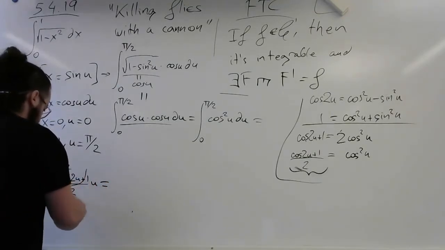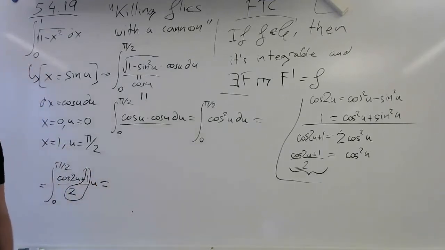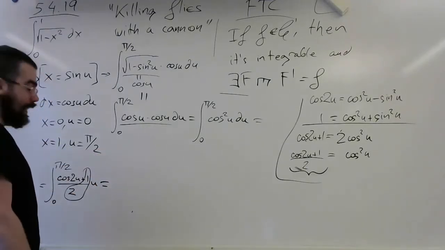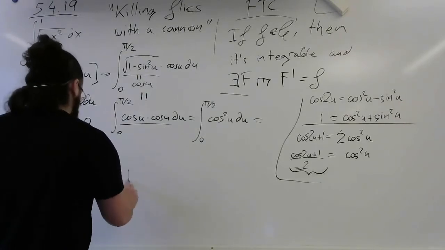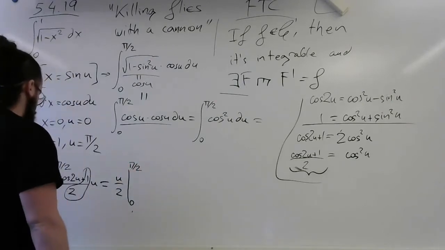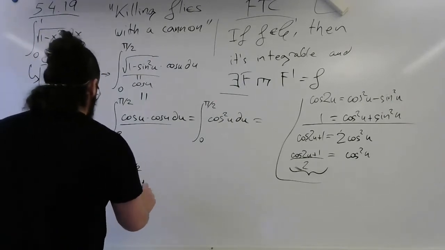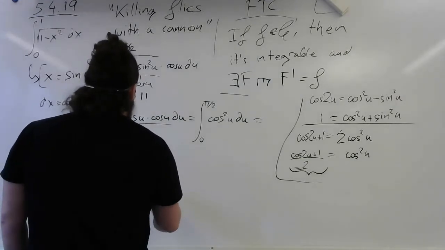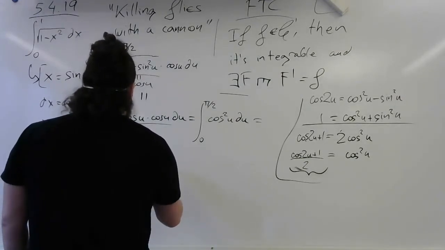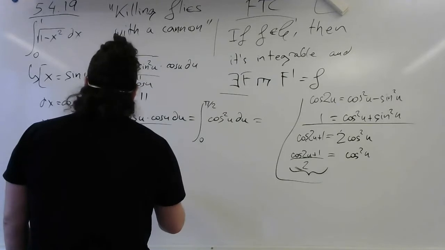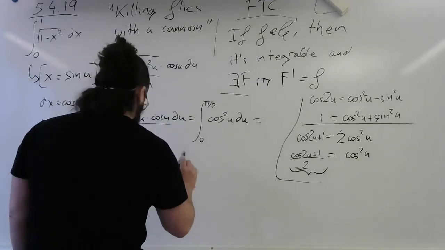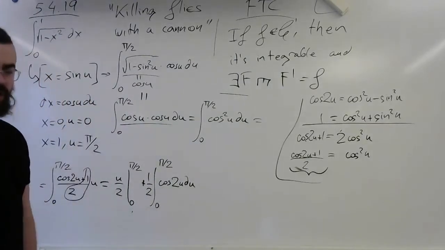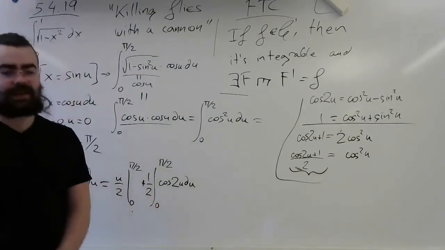Now, this thing can go out because integration is linear. And we have u over 2 evaluated between 0 and pi halves plus, now, who tells me why this integral is equal to 0?